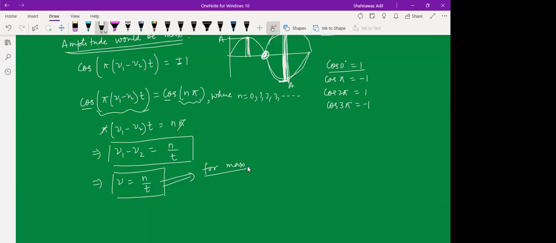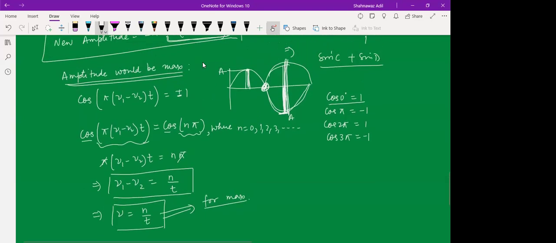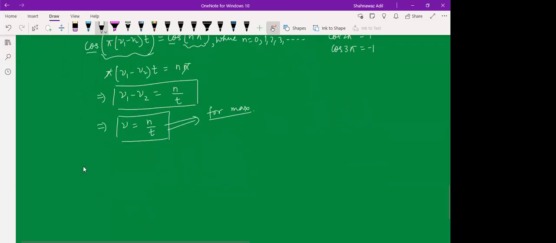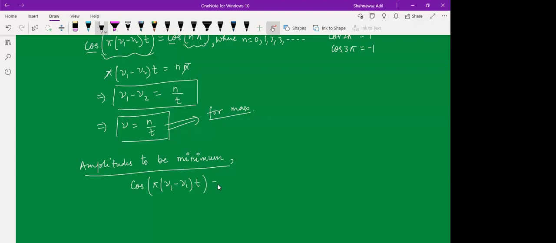And for this thing, right? So for amplitudes to be minimum, you have cos pi (nu1 minus nu2) t, and that is equal to 0, right?